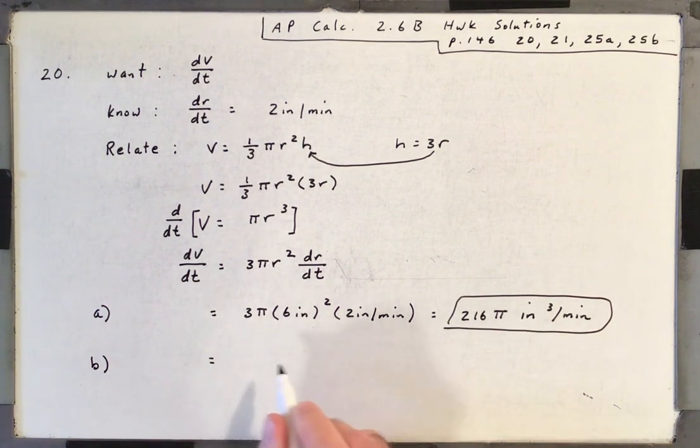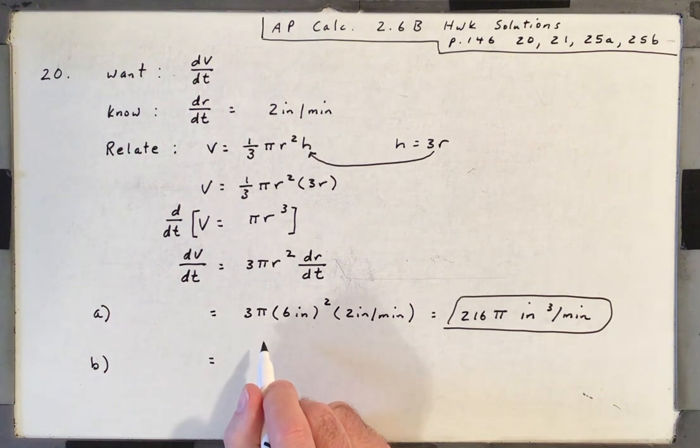And then for part B, we just replace the 6 with a 24.